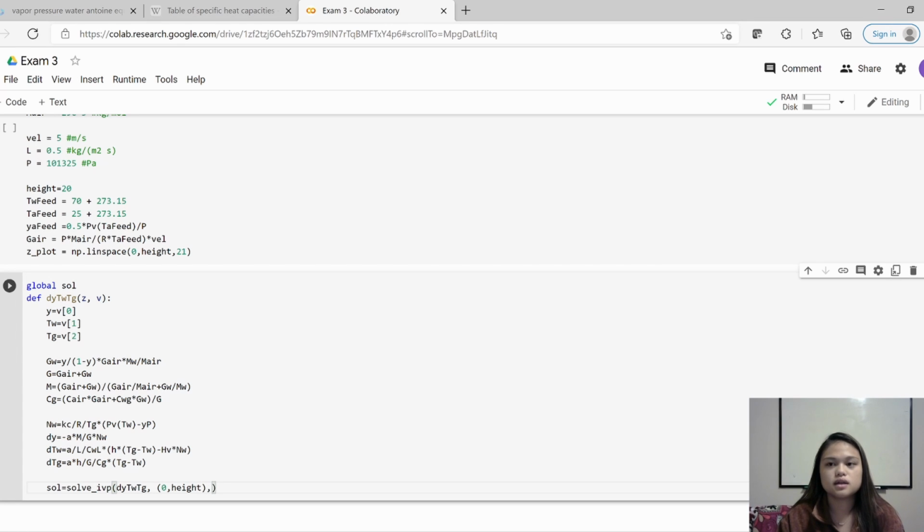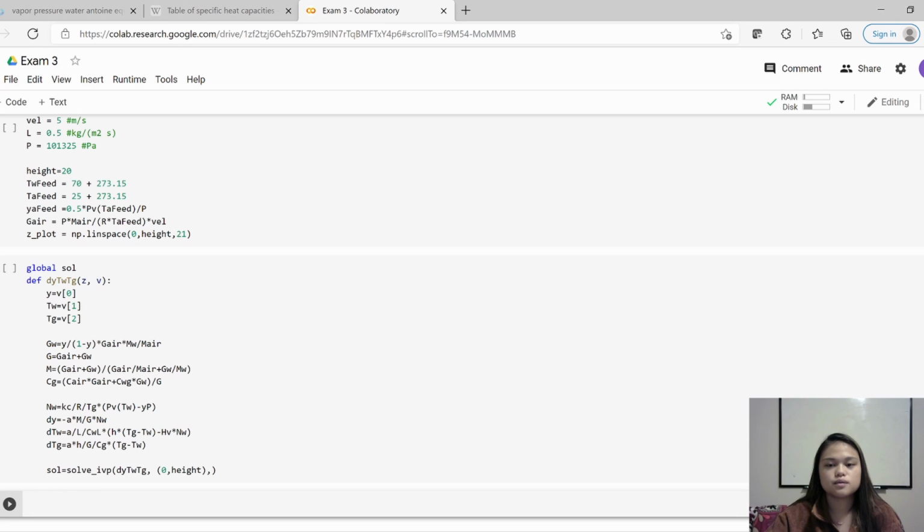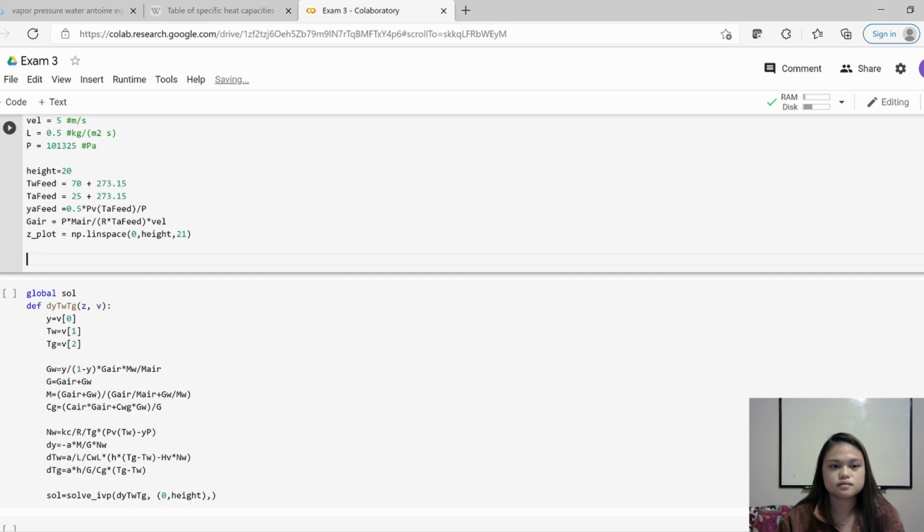And then we need initial guesses. So we need to add some code. Actually this goes here. We want to put the initial guesses that we have.